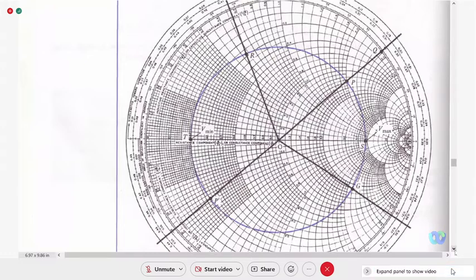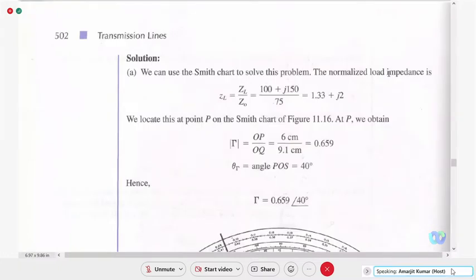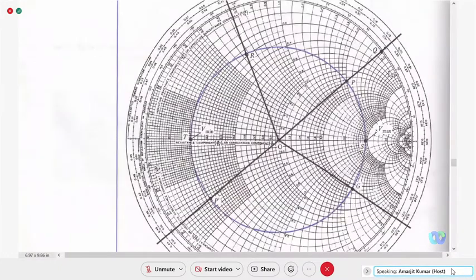X is equal to 2, this circle, and R is equal to 1.33. 1.2 is here, 1.4 is here, 1.3 somewhere here.